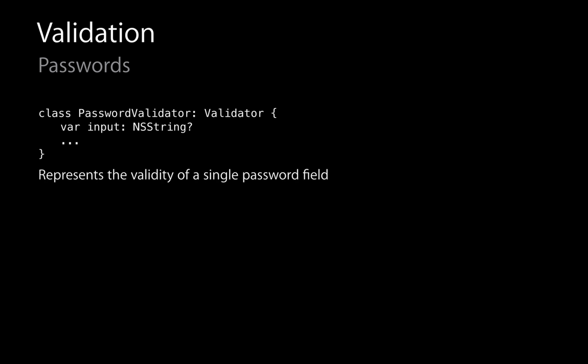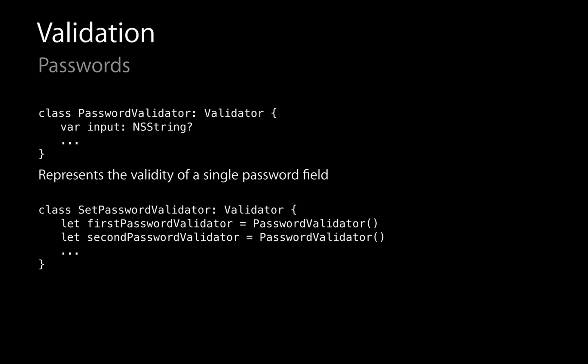We can do likewise for password validation. But you may be wondering that this only represents the validity of a single password field. Then that's correct. We need to represent that two password fields match in value, in addition to not being too short, not being "hi mom", things like that.